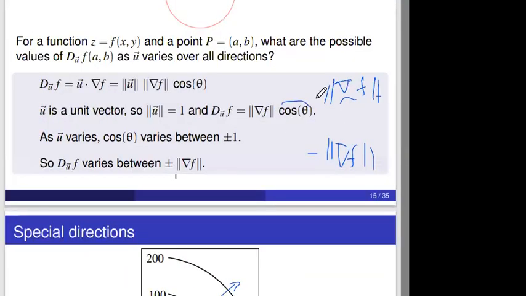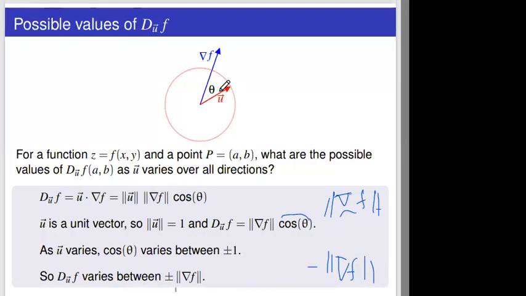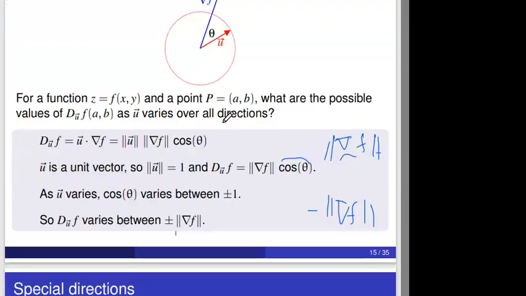Because cos of 0 is 1, and here theta varies from 0 to pi, or 0 to 2 pi. So the maximum value is at theta equal to 0.